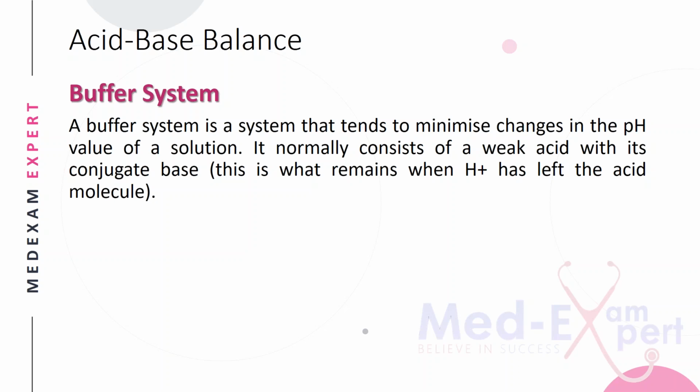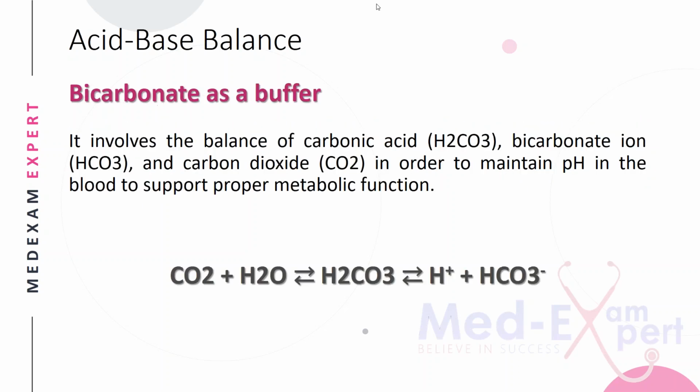This conjugate base is what remains when the hydrogen has left the acid molecule. To be more clear, here we have a weak acid, which is the carbonic acid, and we have this conjugate base, which is the bicarbonate. This bicarbonate is formed when a hydrogen ion leaves this acid molecule.